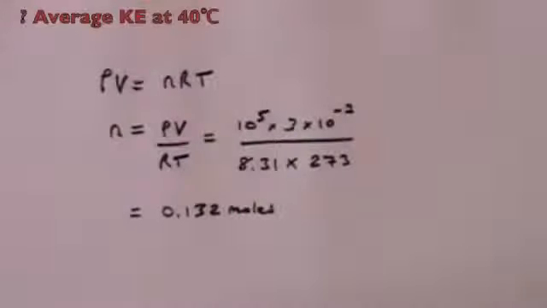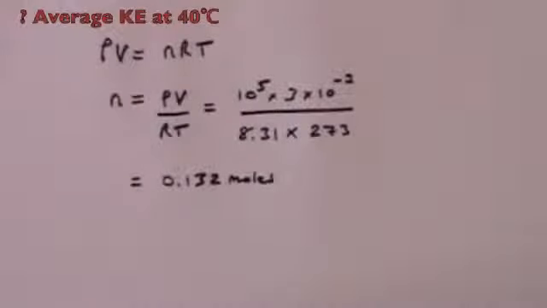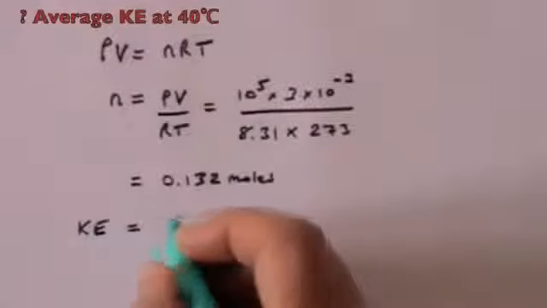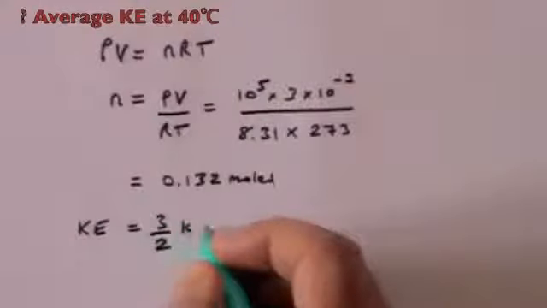Part 2 of the question, what is the average kinetic energy at 40 degrees Celsius of a molecule? Well, we're talking about a molecule in a gas and we're talking about kinetic energy, so we're going to need the formula that KE is equal to 3 over 2 kT.